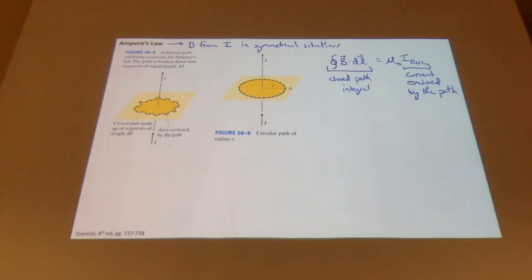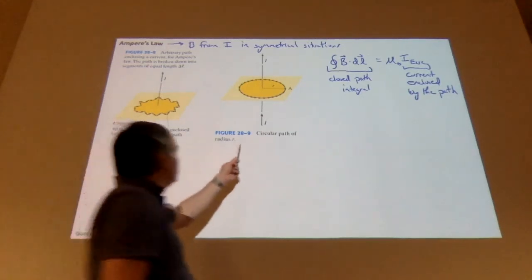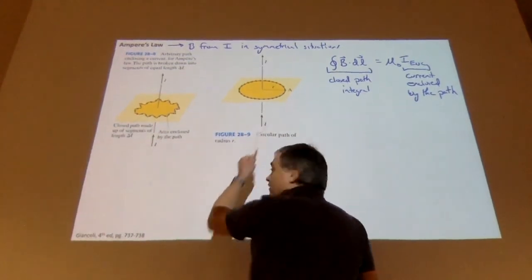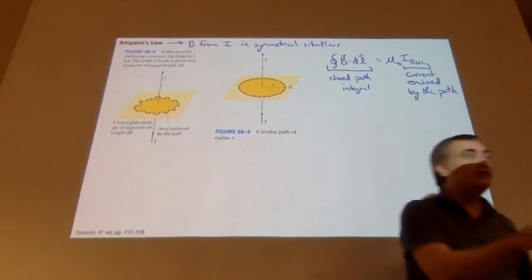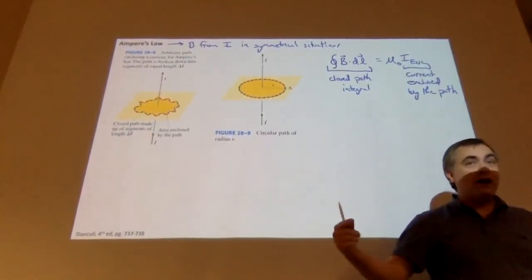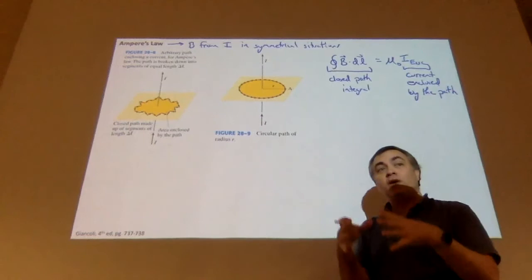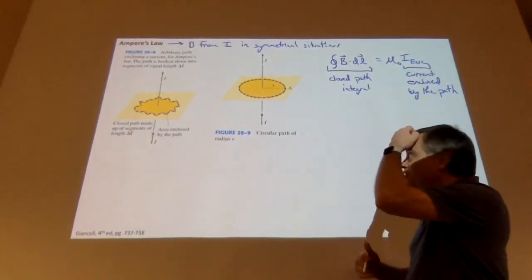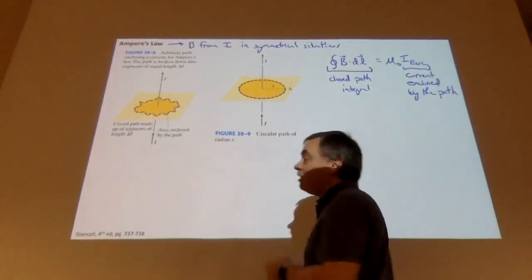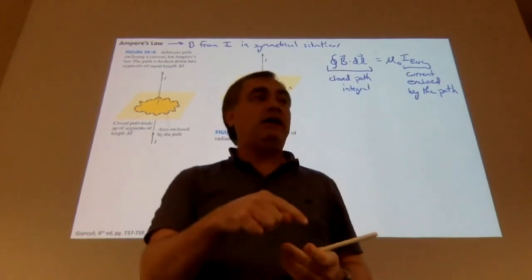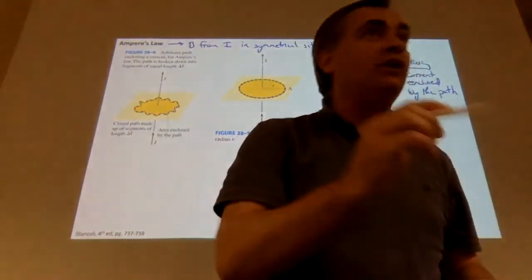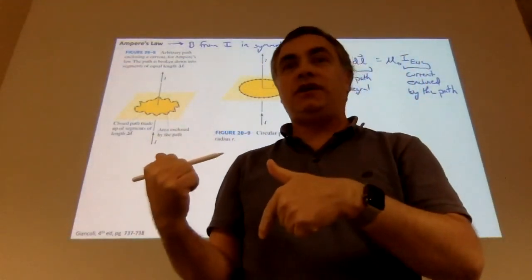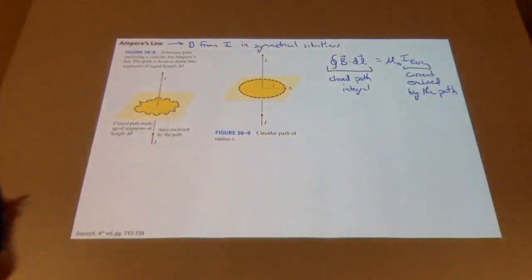You can see in the figure here in the middle, we have a situation very much like what we just learned about in the first slide of this chapter. A straight wire with current passing through it creates a magnetic field. I'm going to show you that we can use Ampere's law to get that equation from the first slide, the one I put in a box a few minutes ago. So I gave you the equation, now I'm going to show you where it comes from, which is Ampere's law.